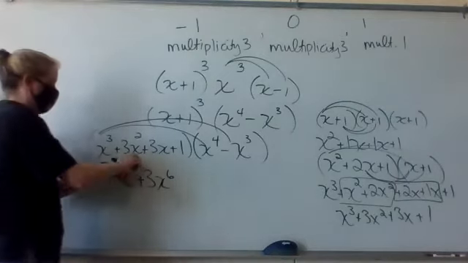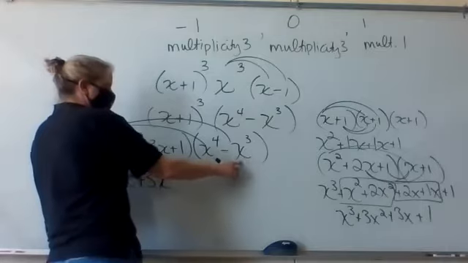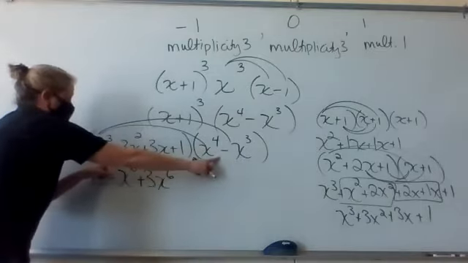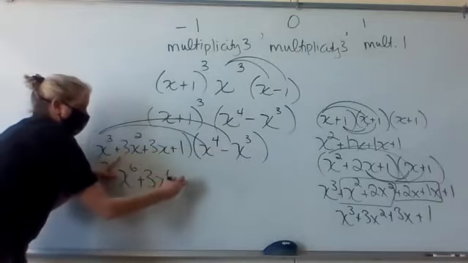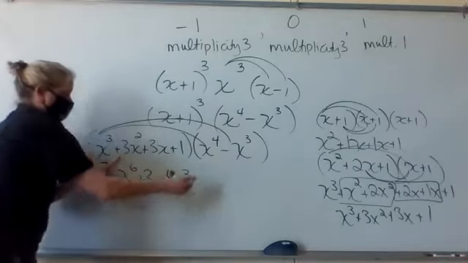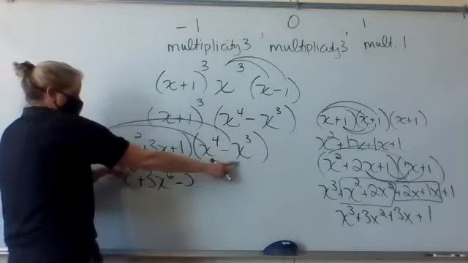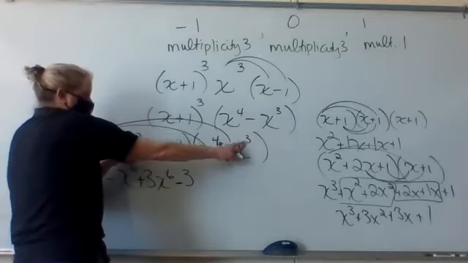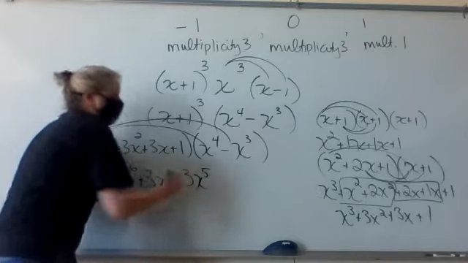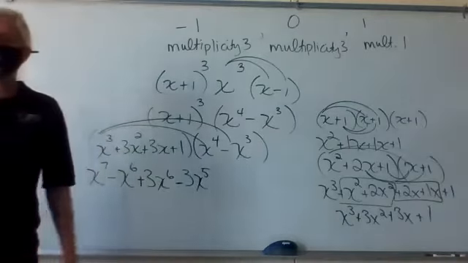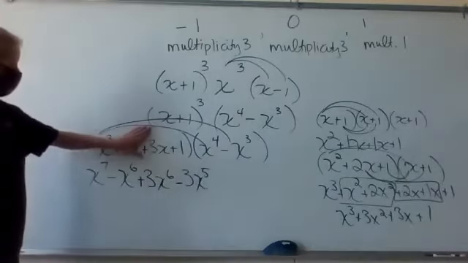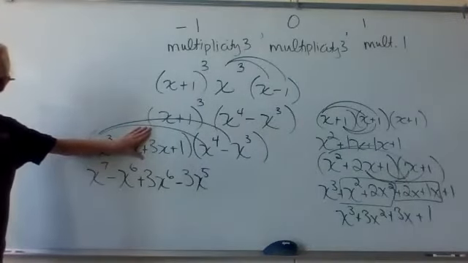Positive 3x squared times negative x to the third. So get your sign right first. Positive 3 times negative 1, so that's going to give me negative 3. What are your x's going to be? Add your exponents. X to the 5th. So I'm done with the 3x squared, distributing it.